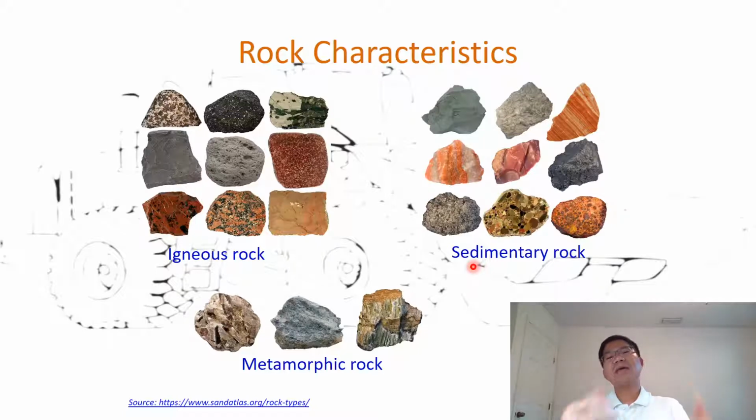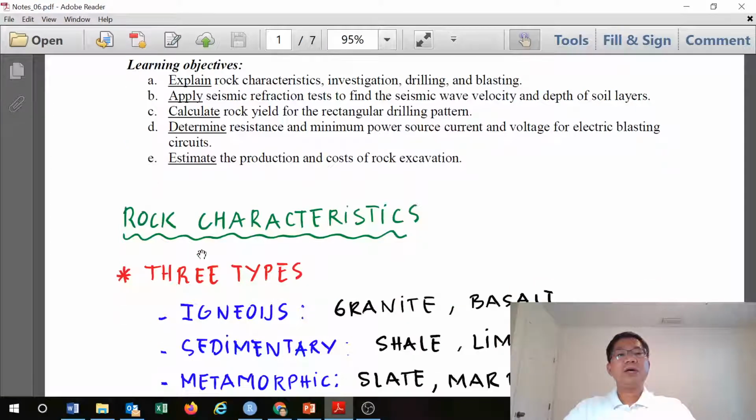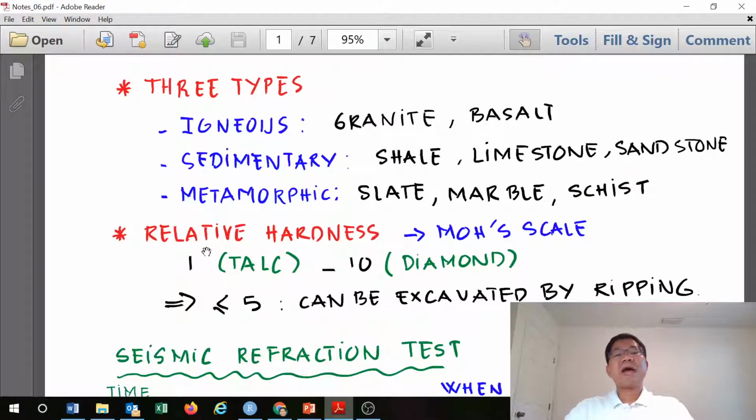And when we say how hard to excavate, if you recall in Geotech 1, that is measured by the relative hardness Mohs scale from 1, for example, talc, to 10, diamond. So for the rock that has 5 or less in that Mohs scale, it can be excavated by ripping.